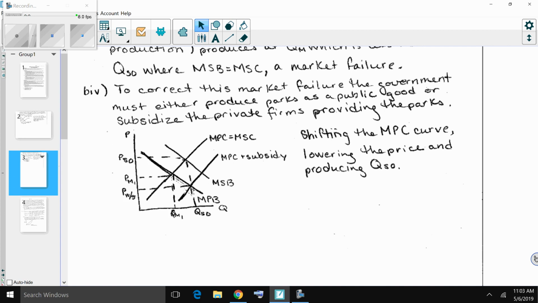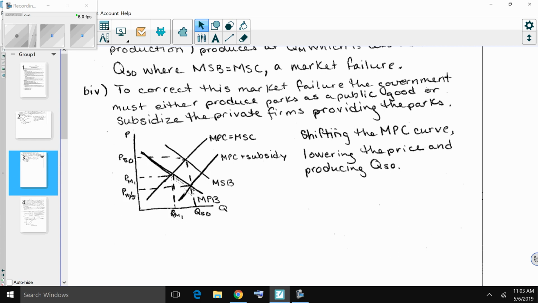If we subsidize them, that is this graph here on B4, and that subsidy would shift our MPC curve to the right, decreasing the private cost and increasing our production. So we could reach that socially optimal output at a lower price, right? Giving the people what they want at a lower price. So that would be the way we would correct that externality.